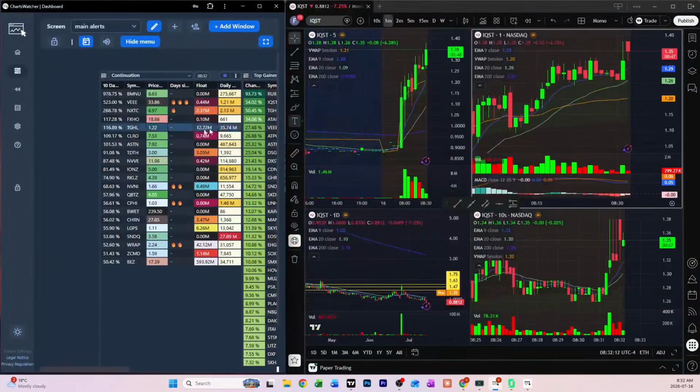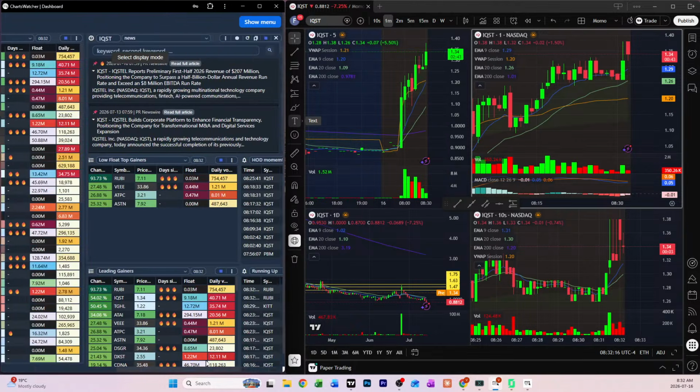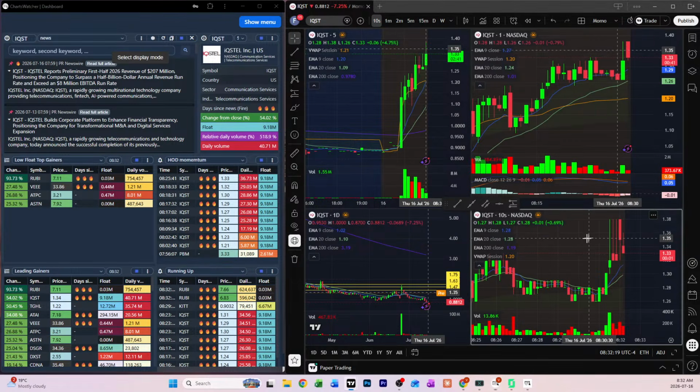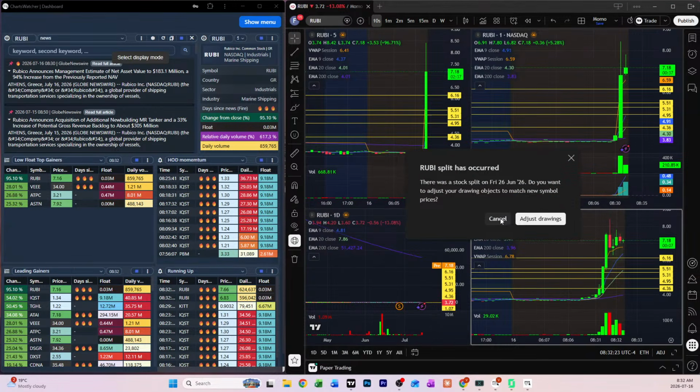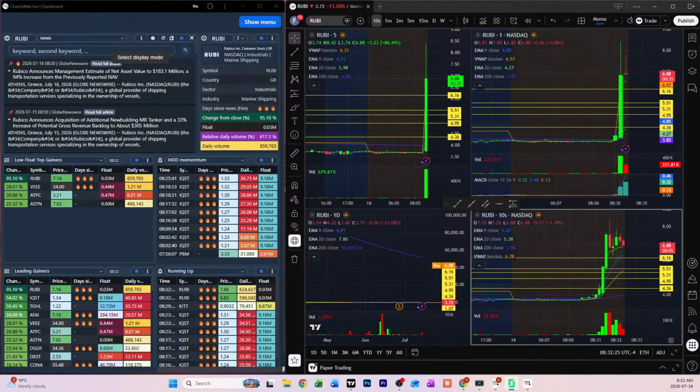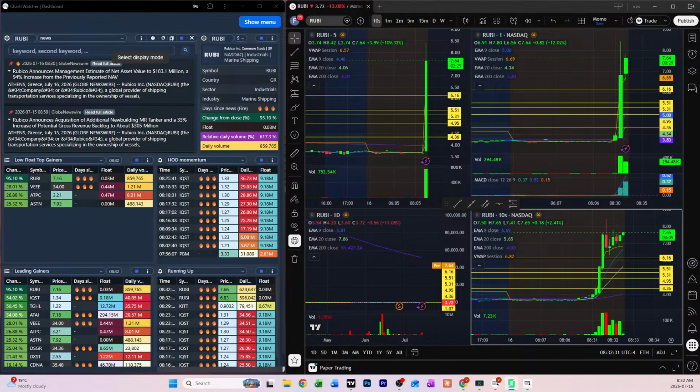Yeah, that's about it. Looks like there might be something popping up. So I should pay attention. Ruby's up 84%. Ounces Management, 94% increase. I'm not sure about Ruby.